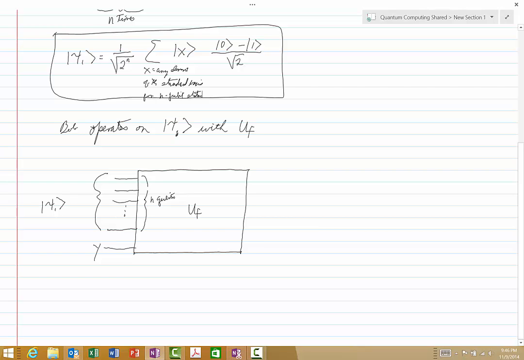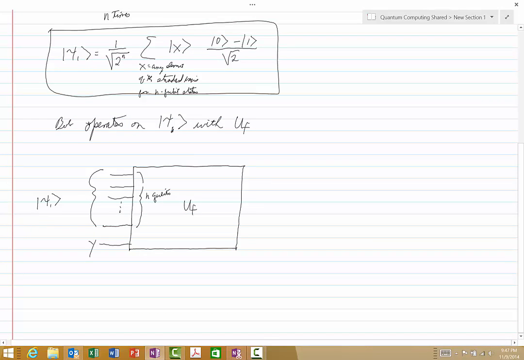And again, remember that we have a superposition here of all of the different possibilities, and we're going to refer to each individual possibility as a different value of x, okay?